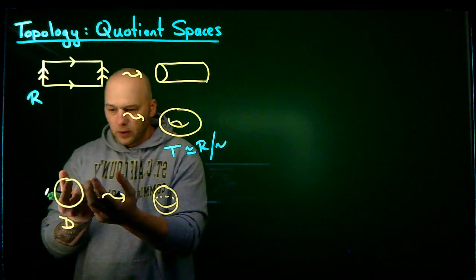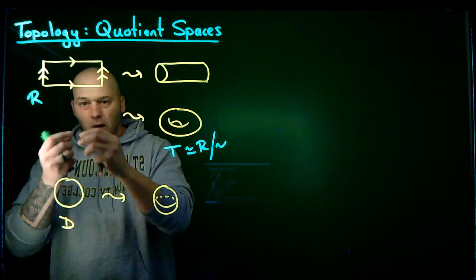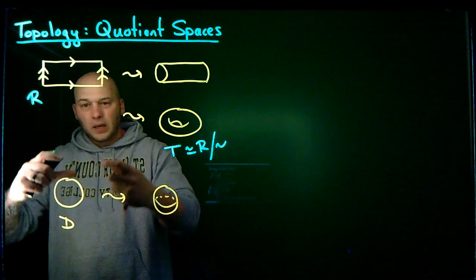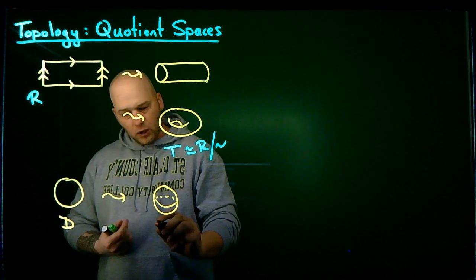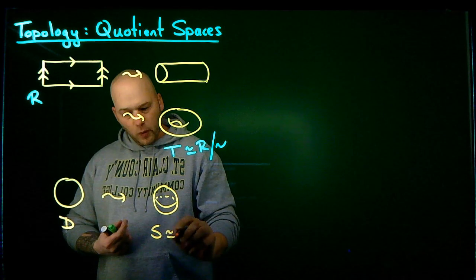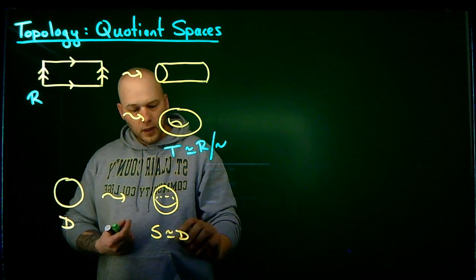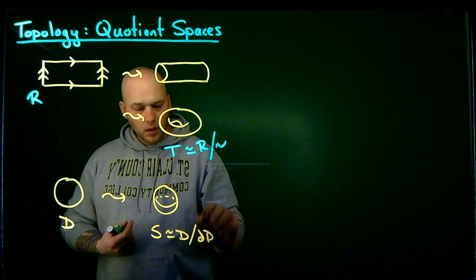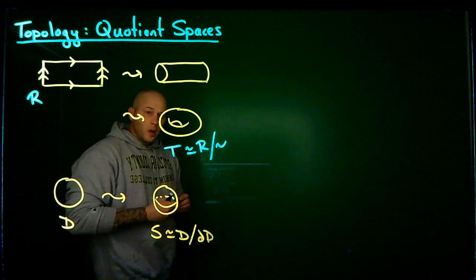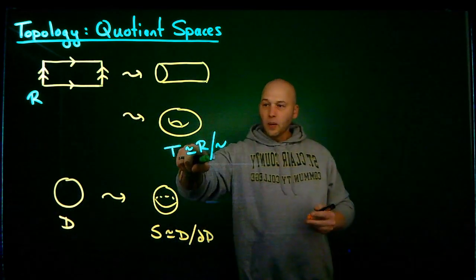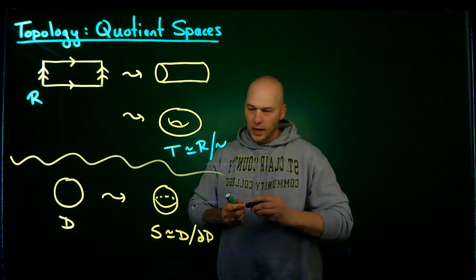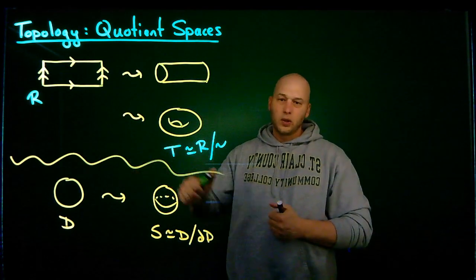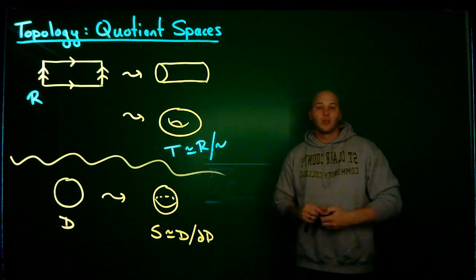The idea is that if I basically wrap this up, the boundary becomes a point at the top, and therefore the sphere is homeomorphic to the disk modulo its boundary. So both of these constructions, after I define this equivalence relation, give a quotient of the original space, a quotient of the original set.